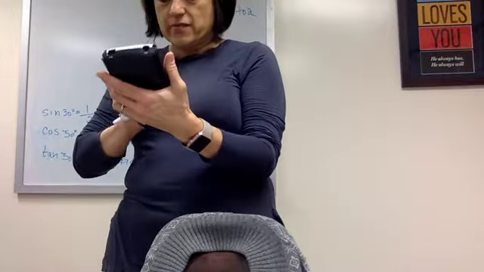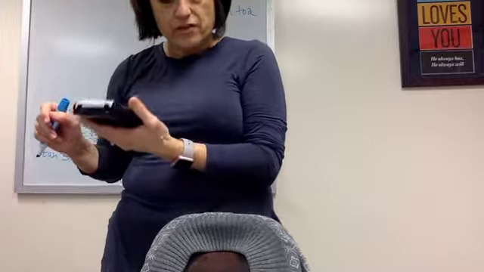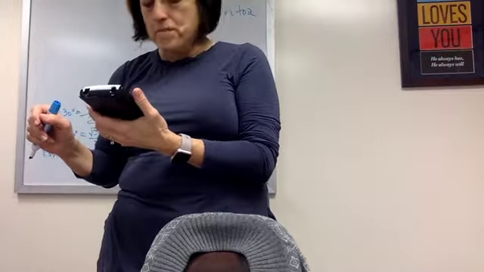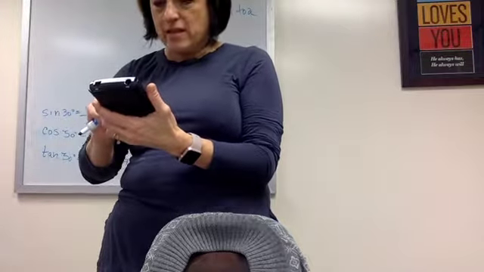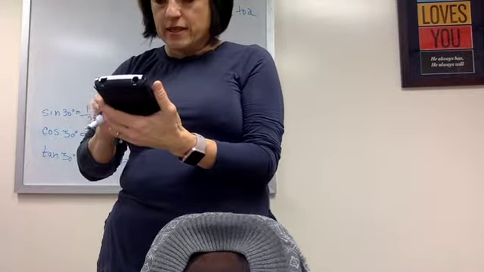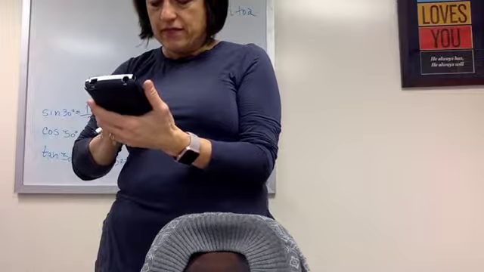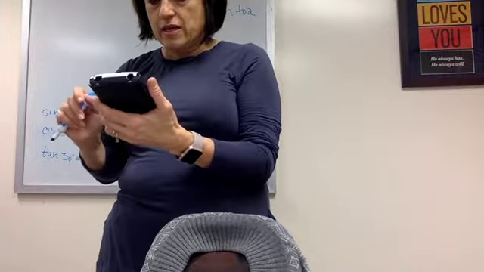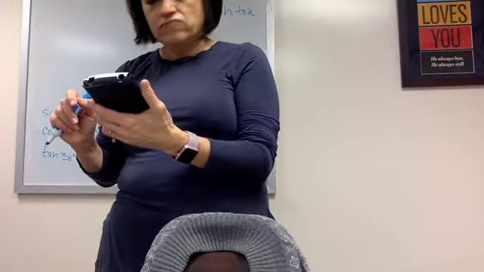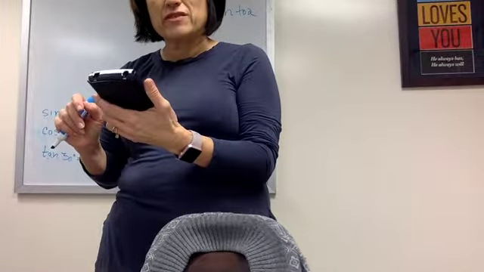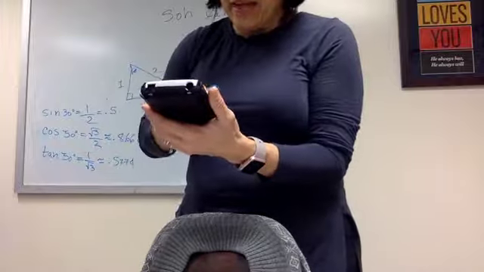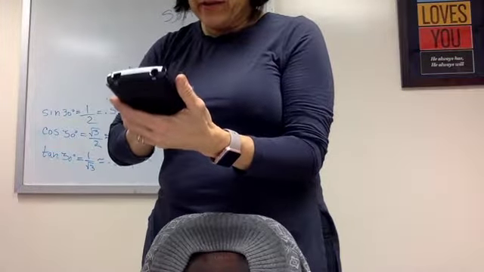Put sine 74 in your calculator. What'd you get? 0.96. What's the cosine of 74? Should be 0.27, right? Did you get 7.2 or 2.7? 2.7. Okay, and then tangent of 74.